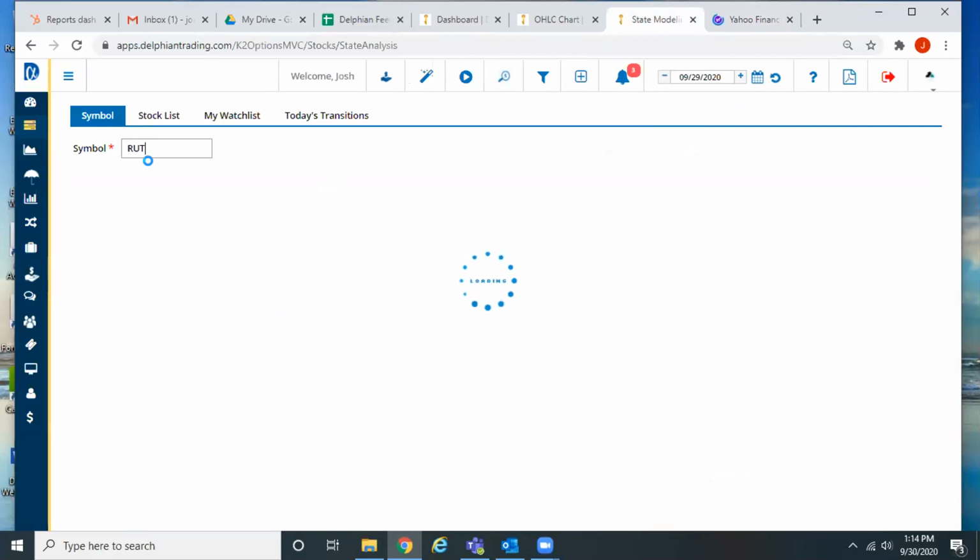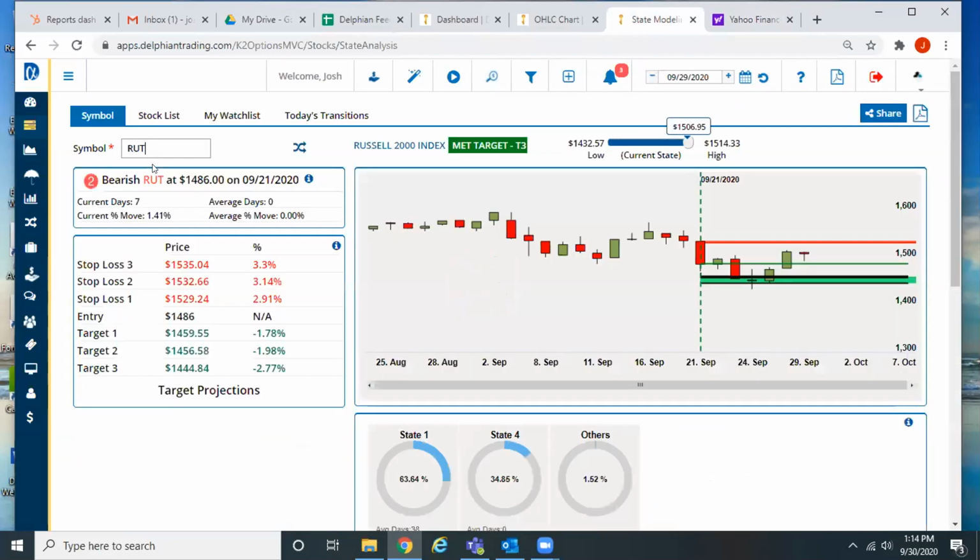The Russell. Yeah, it did pretty much the same thing. Touched that target 3 and then took off. It's not up to the stop losses yet as of yesterday. It may be close on that.